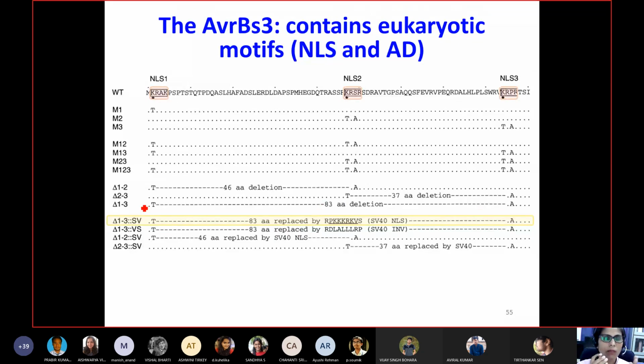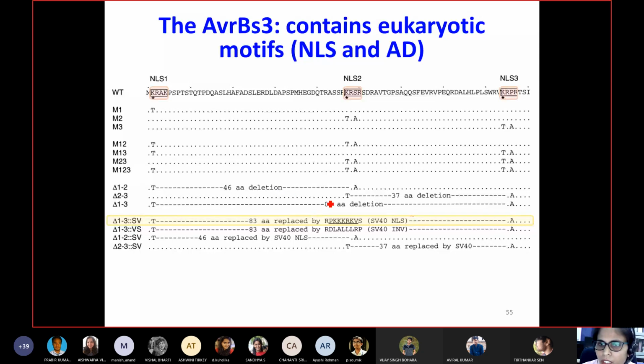So they took the whole amino acid stretch which is responsible for nuclear localization from SV40 NLS, and replaced it in place of this position. For example, delta 13, which upon deletion of 83 amino acids resulted in complete loss, as you can see here, and then they replaced it with the SV40 signal.